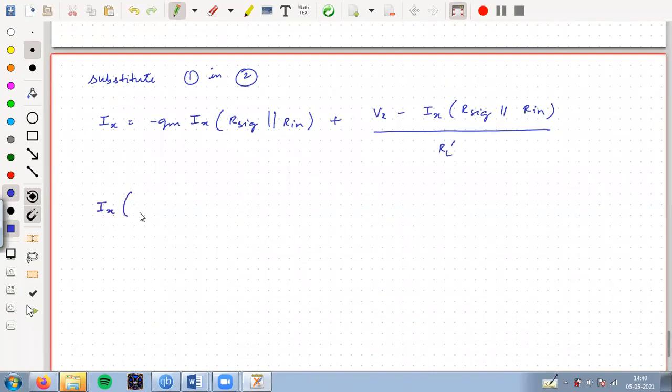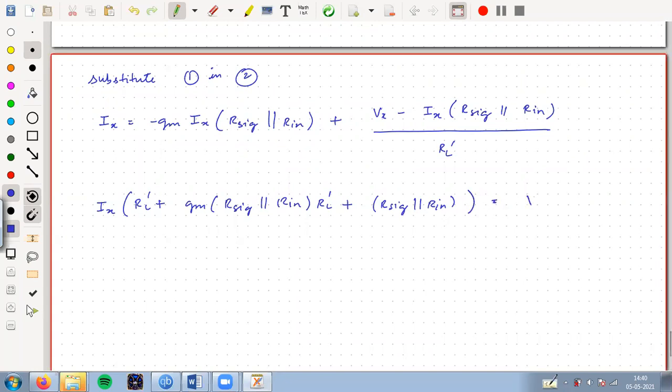You get Ix times RL prime plus Gm into R signal parallel Rn into RL prime plus R signal parallel Rn is equal to Vx.